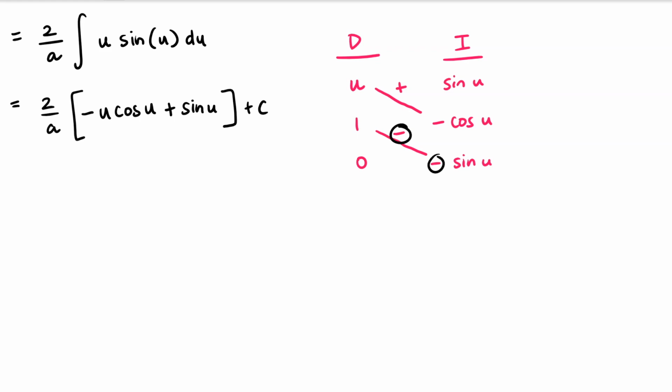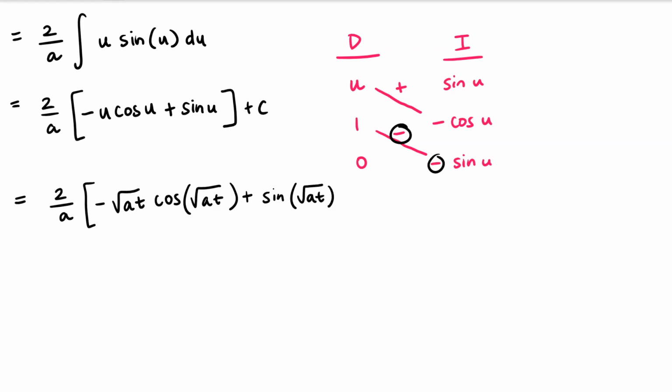Let's go ahead and plug back u. So we have 2 over a times negative square root of a times t times cosine of the square root of a times t plus sine of the square root of a times t plus our constant of integration. And if you'd like, you could also distribute in the 2 over a.